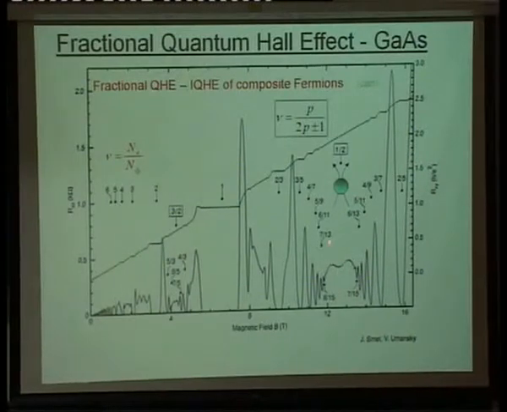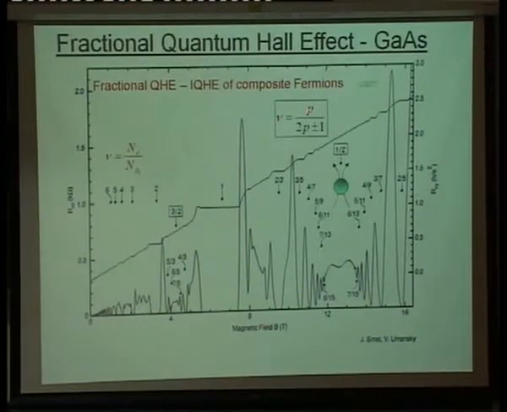Once one moves away from filling factor 1/2, one basically generates integer quantum Hall states for these composite particles. These are the fractional quantum Hall states, and there's a very simple correspondence between the filling factor of electrons, nu, and the integer quantum Hall state of these composite particles. So P basically enumerates how many composite fermion Landau levels are occupied.